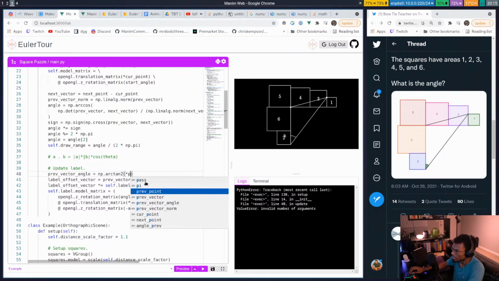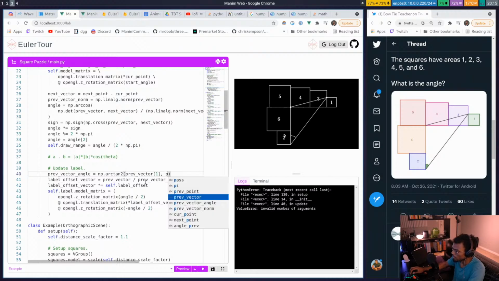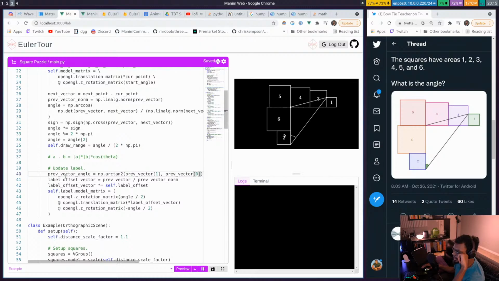And then I just want star prev vector. Just kidding, I want the opposite of that. This at 1, then at 0. So the y, then the x. And prev vector angle is that.